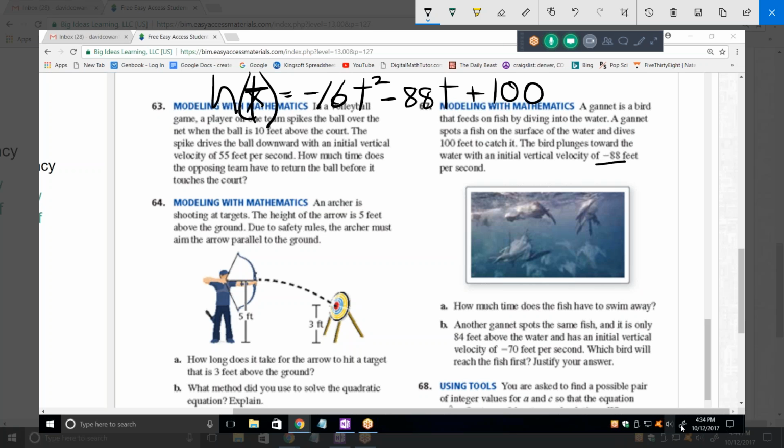Not quite sure why. In 62, we had to figure it out. Well, and in 63, we had to figure out that it was a minus velocity of 55 feet per second. Well, here they put the minus sign in, just, I suppose, to be helpful. I'm not really sure why they changed it. Okay. How much time does the fish have to swim away?